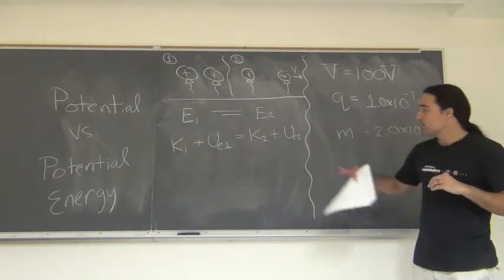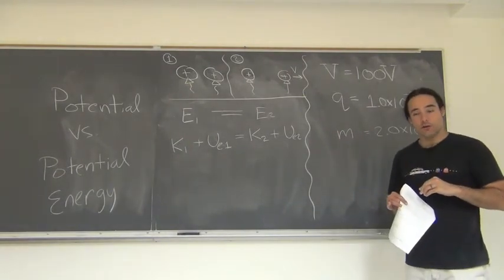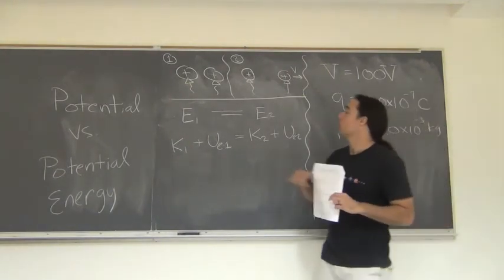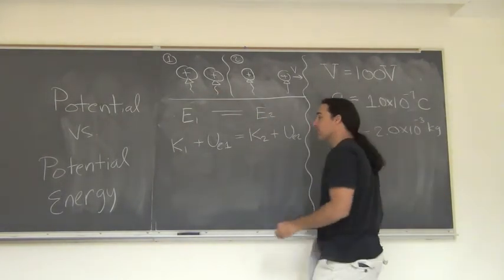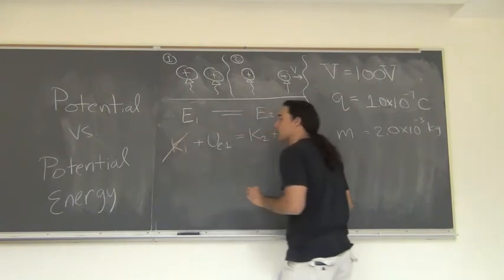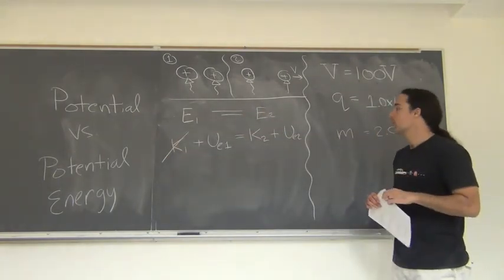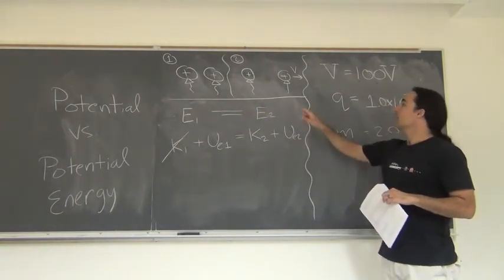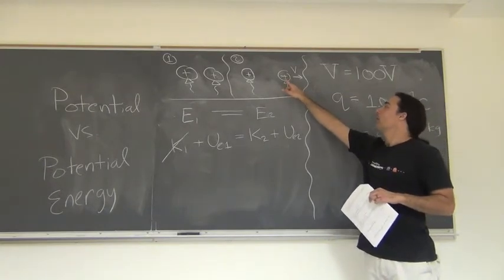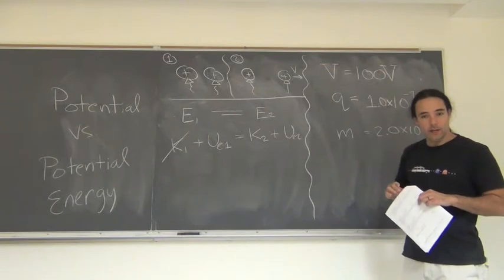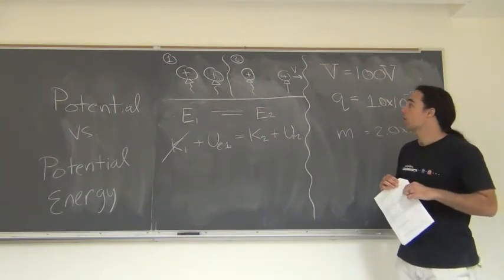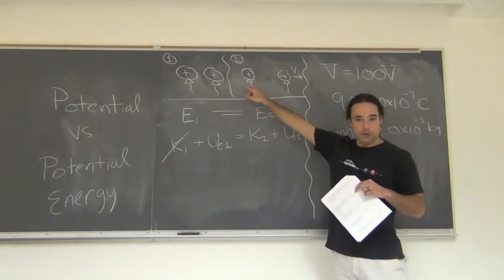Well, we can set a few things equal to 0 here, because initially, let's suppose that our balloons are at rest. If that's the case, then they won't have any kinetic energy in picture 1. Similarly, let's suppose that after a while, this balloon gets pushed so far away that it no longer feels the repulsion from balloon number 1.